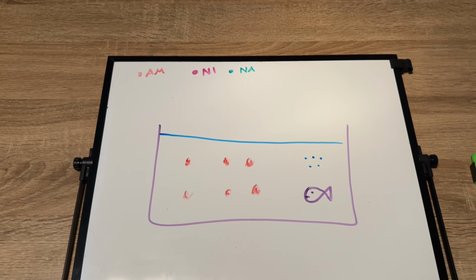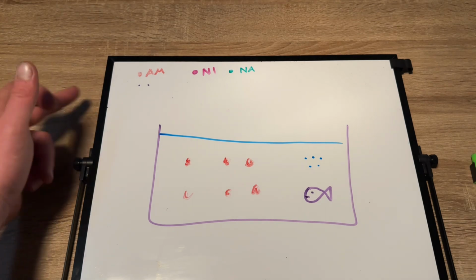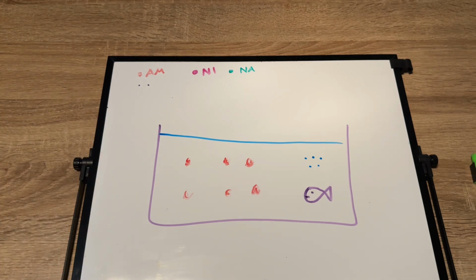So we've got 6 units of ammonia, and for ease of math's sake, we are going to say that we have a small number of bacteria to start with, which will be the case because it takes a while to establish. So we've got 2 units of bacteria up here that are going to try and process that ammonia.